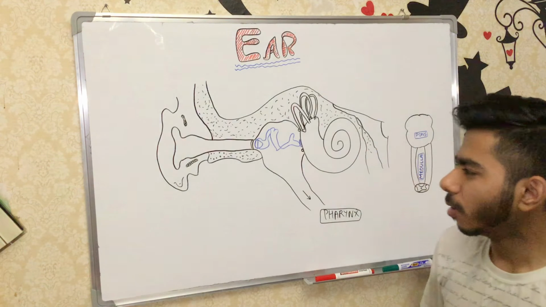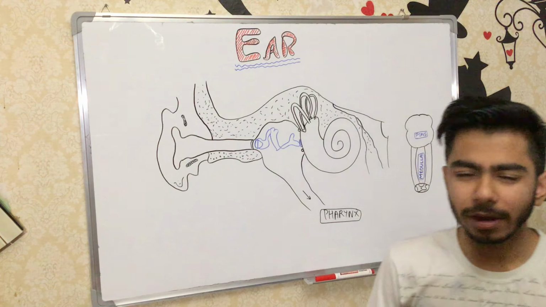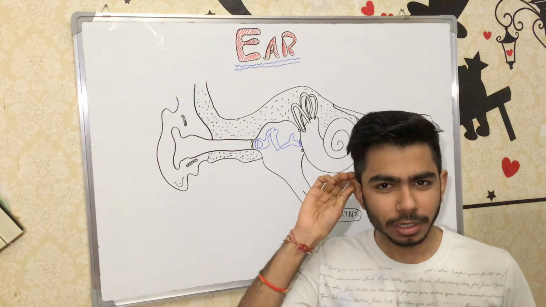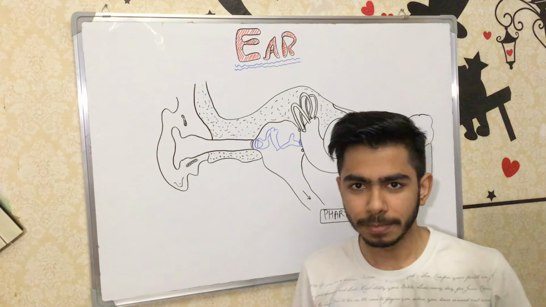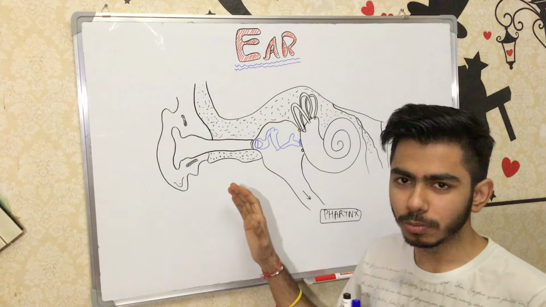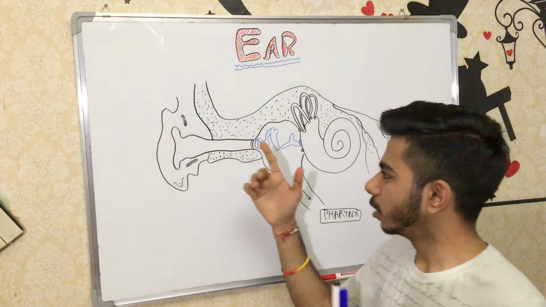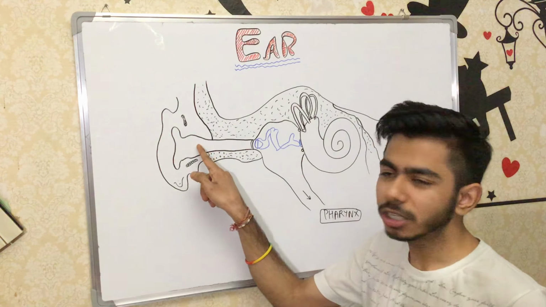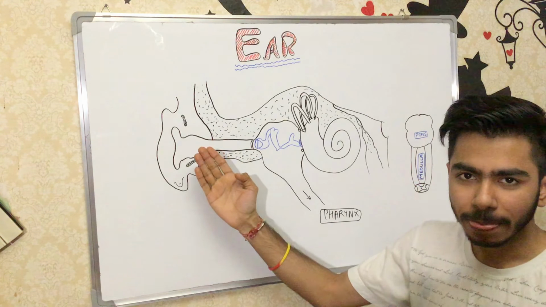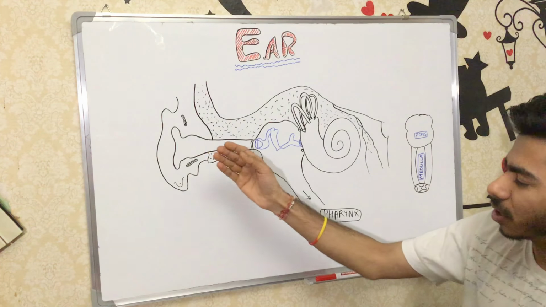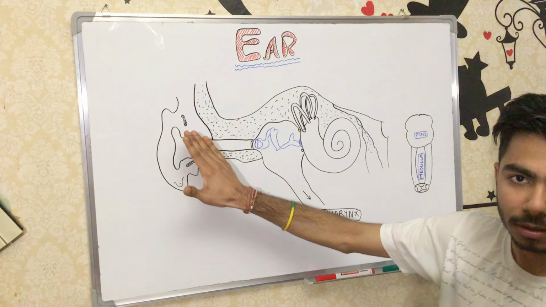So the otologist, who examines our ear, has to extend your ear backwards and laterally to see the tympanic membrane or the eardrum, because this is not a straight tube. The outer part of the external auditory meatus is directed medially, backwards and upwards.